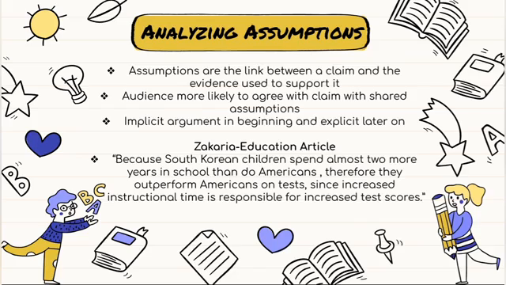And if the audience might not agree with the assumption, then it's more likely that they're not going to agree with the claim either, and Zakaria would need to provide extra evidence to support the assumption, which just became a claim. So this would be seen as a vulnerability in the argument being made.